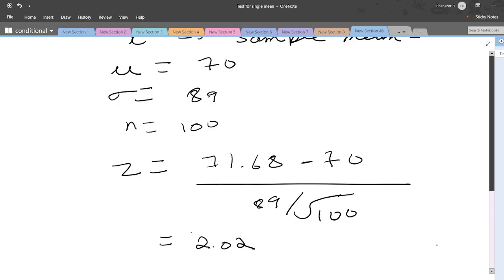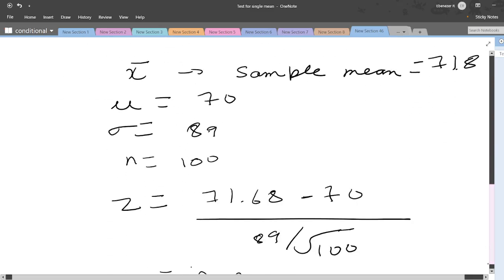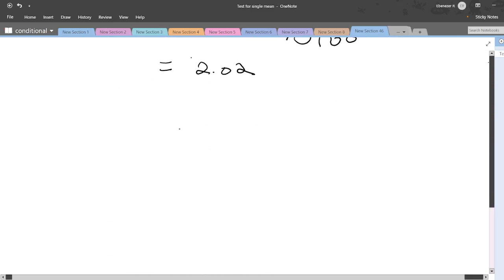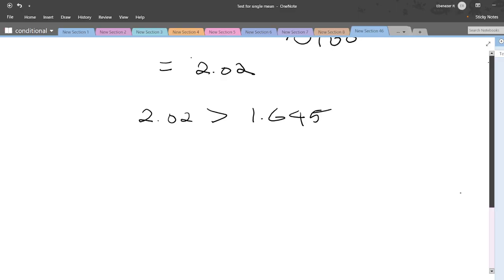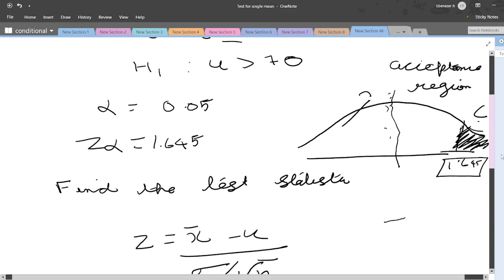Now this 2.02 is beyond this. This 2.02 is greater than 1.645. If you can see over here, 2.02 is greater than 1.645. So it lies in this region.